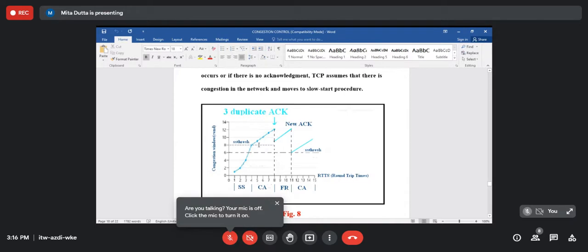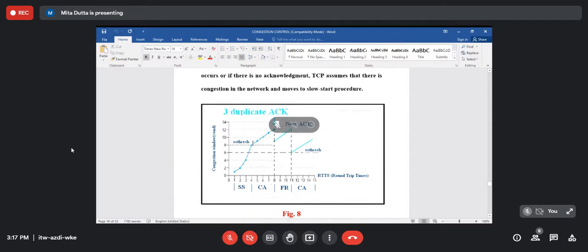This is the slow start threshold, and after that, to take care of congestion, in slow start and congestion avoidance, we have seen the window grows linearly.